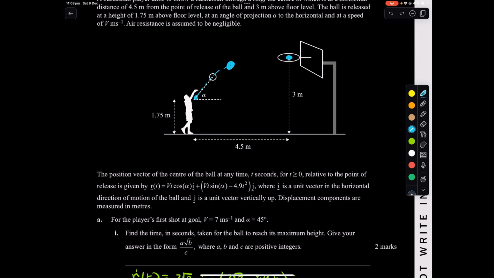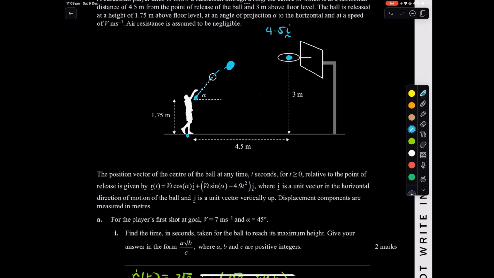To do that, how do we do that? Well, we need to find the i and j. What is the position of this? Well, that's easy, because relative to this, the ball starts over here. So what is its i vector? It starts from here and it is over here, which is just 4.5. We can write it as just 4.5i.